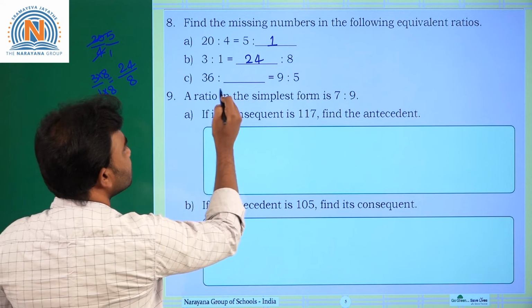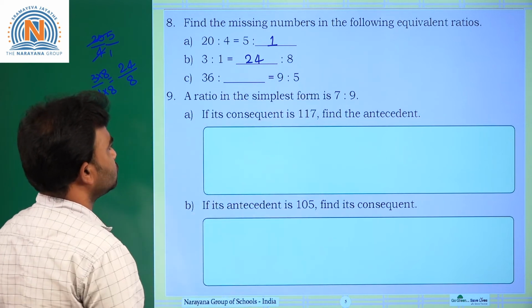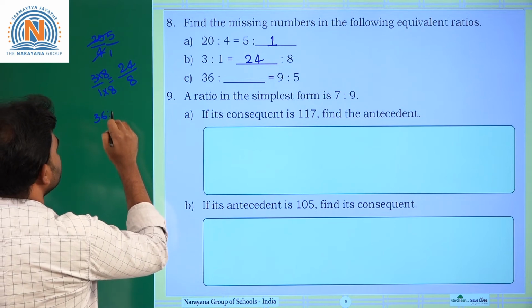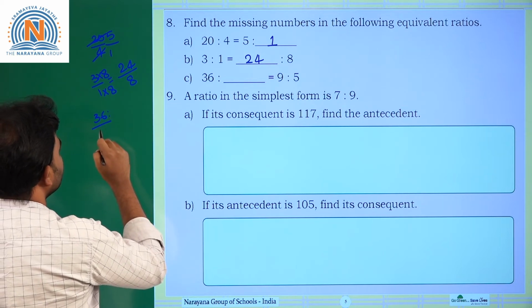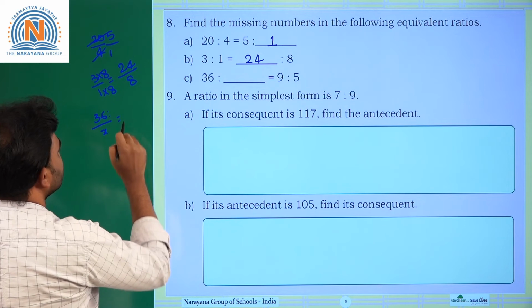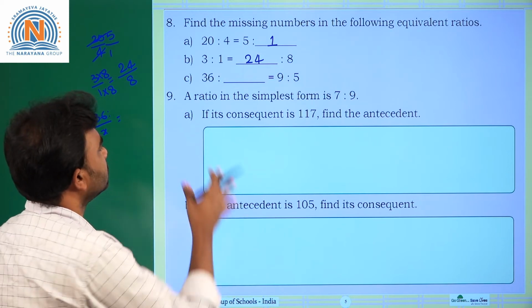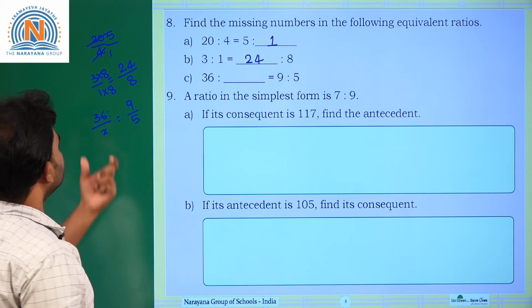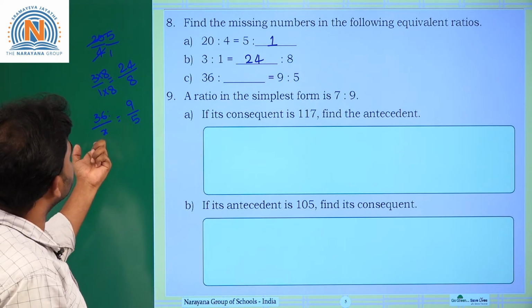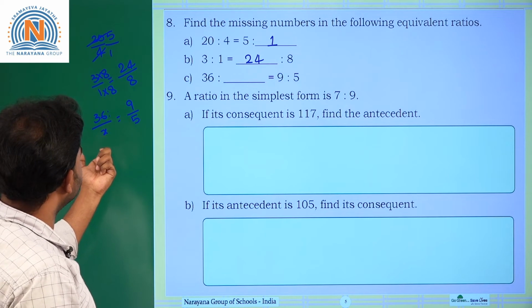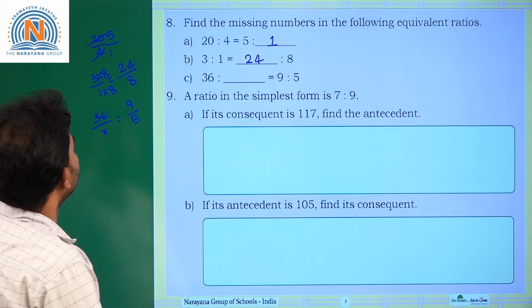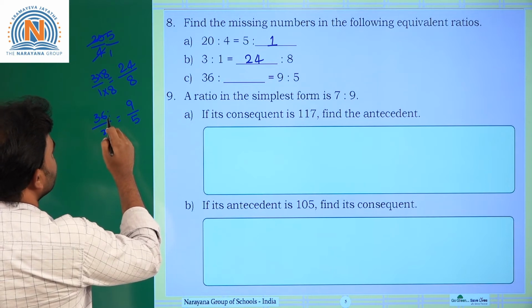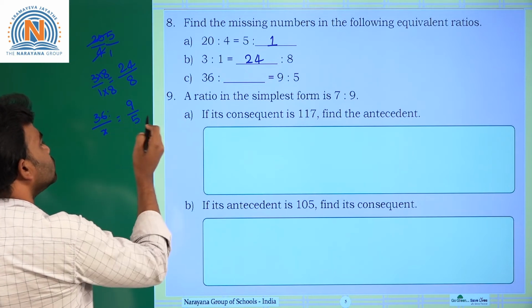Next, 36 is to dash is equal to 9 is to 5. Now see, 36 is to dash, that means 36 by some unknown value x, is equal to 9 by 5. With which number should we multiply 9 to get 36?